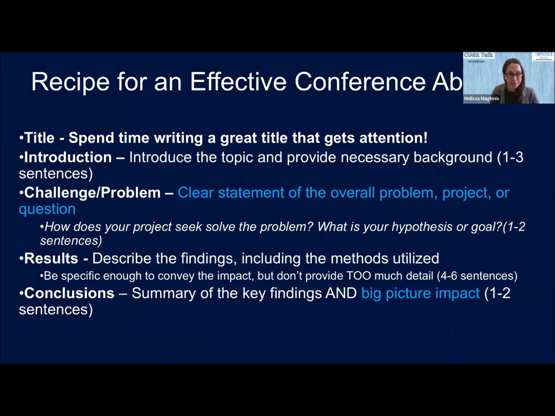And I realize that research is a work in progress, and you have to present your research in whatever form you have it at the time of the submission of the abstract. But you're making progress. So you can state what that progress is towards answering the big picture question.